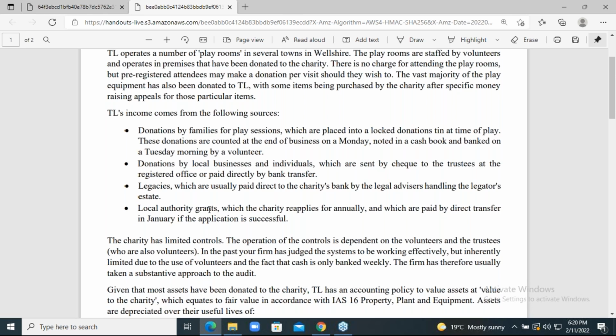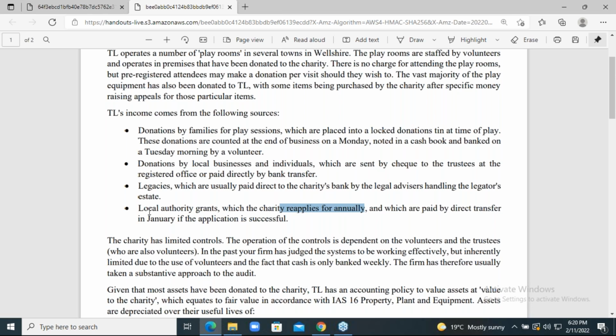As far as local authority grants are concerned, which the charity reapplies for annually, inspect the application made this year to confirm the approval. Also, if we have reapplied, there would be a letter received from the local government.